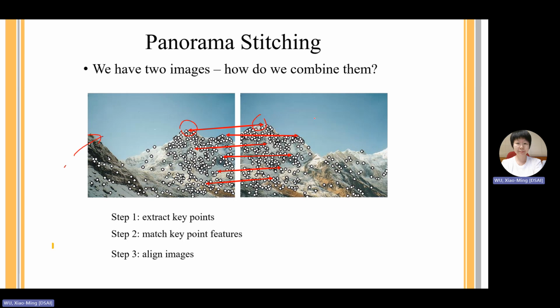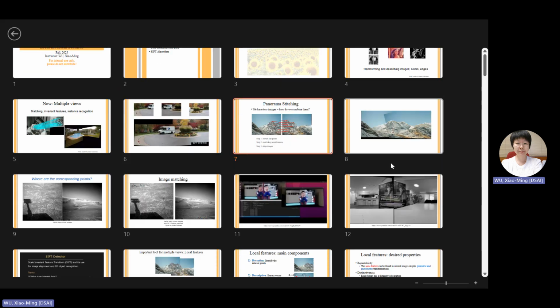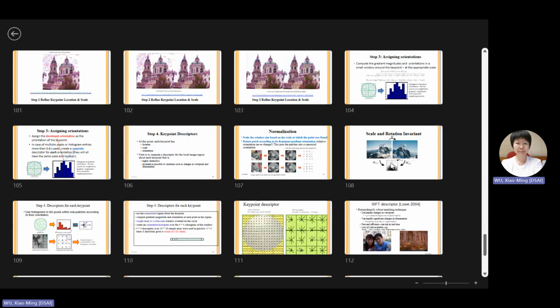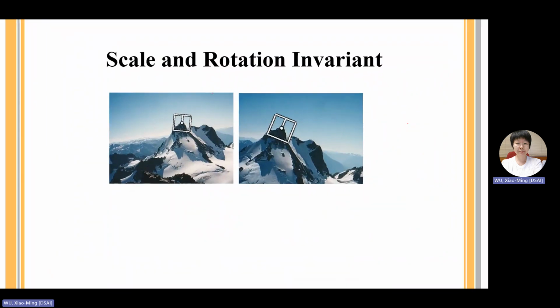Identifying the same features from different images, that's called repeatability. For example, you see these two little patches, they represent the same features.